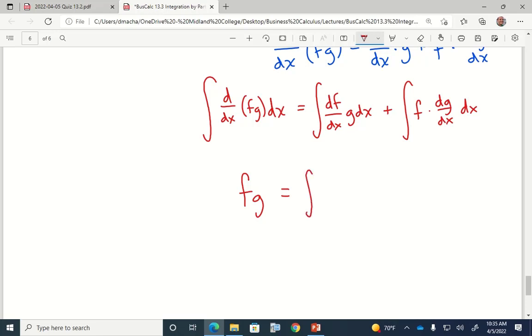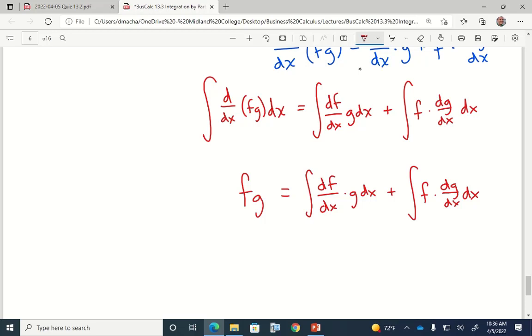What I have is the antiderivative of the derivative of f with respect to x times g, plus the antiderivative of f times the derivative of g with respect to x. I mean, these are equal to each other, basically.